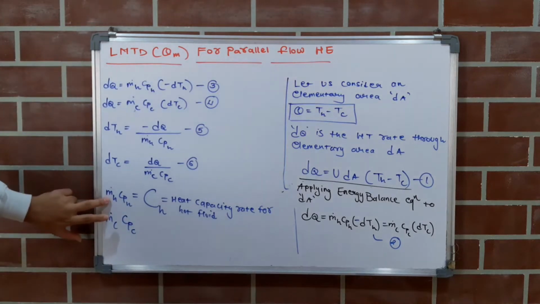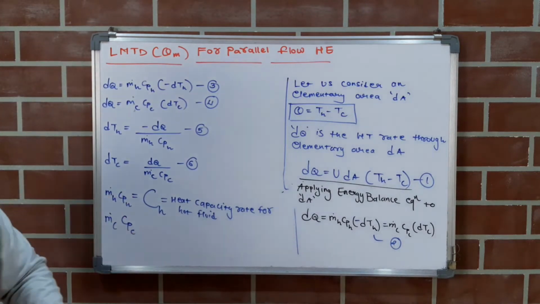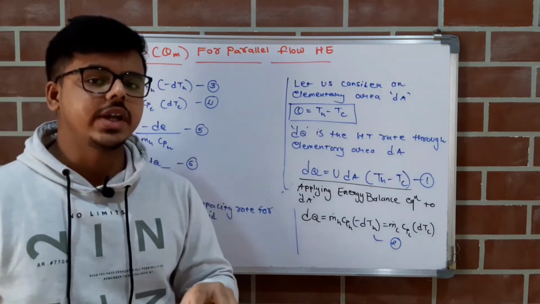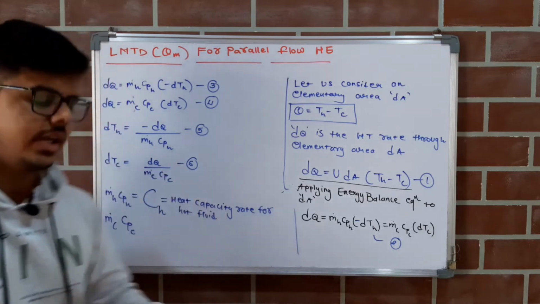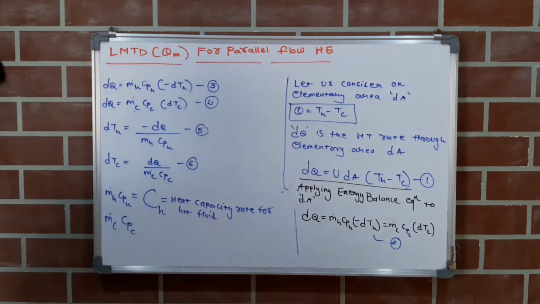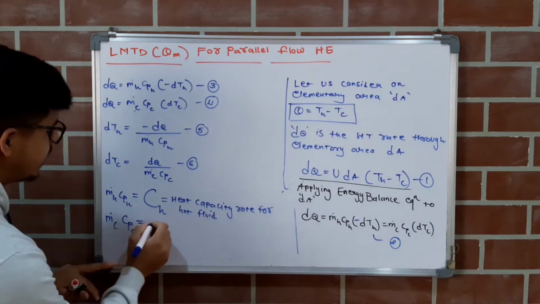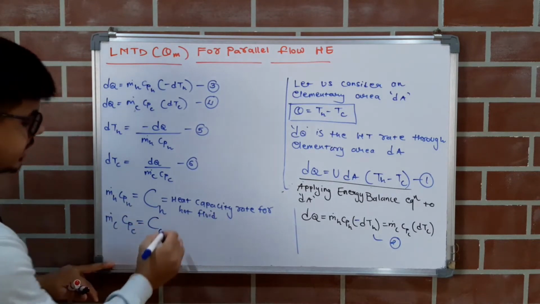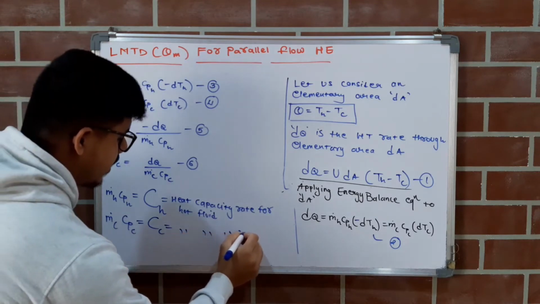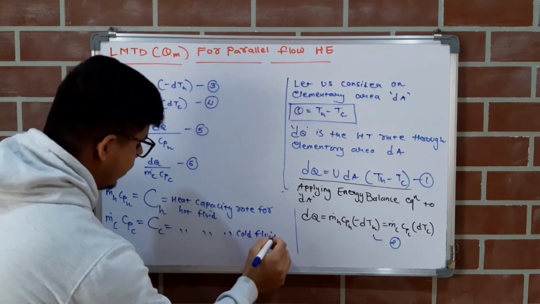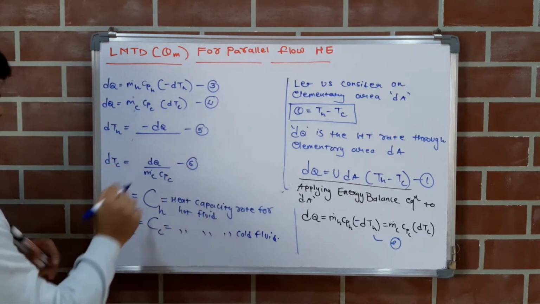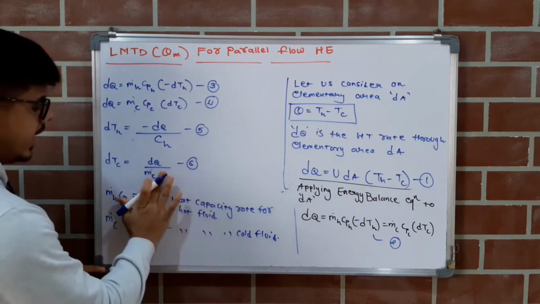It is the mass flow rate into the specific heat. The product of mass flow rate and specific heat will give the heat capacity rate. So we write Ch as the heat capacity rate for the hot fluid, and m dot c into Cpc is capital Cc, the heat capacity rate for the cold fluid, right? So I will just replace these terms by Ch and Cc.